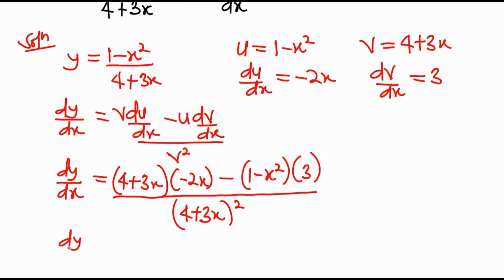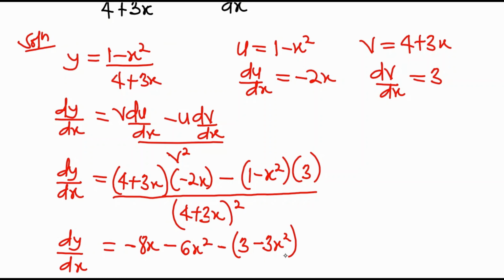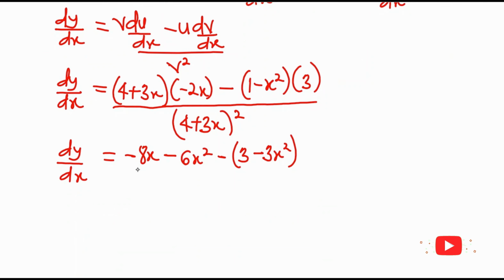Now we continue by simplifying, so we can see that minus 2x multiplied by 4 gives us minus 8x, and then 3x by minus 2x gives us minus 6x squared, and then here we multiply 1 by 3, that gives us 3, and minus x squared by 3 gives us minus 3x squared. We also continue by dividing everything by 4 plus 3x all squared.